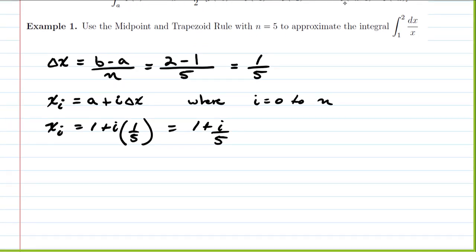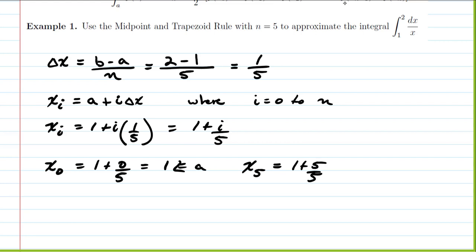It's worth noting, if I calculate x sub 0, I get 1 plus 0 over 5, which equals 1. That's my a value. And if I calculate x sub n, which is x sub 5, I get 1 plus 5 over 5, which is 1 plus 1, and that's 2. That's my b value, right?